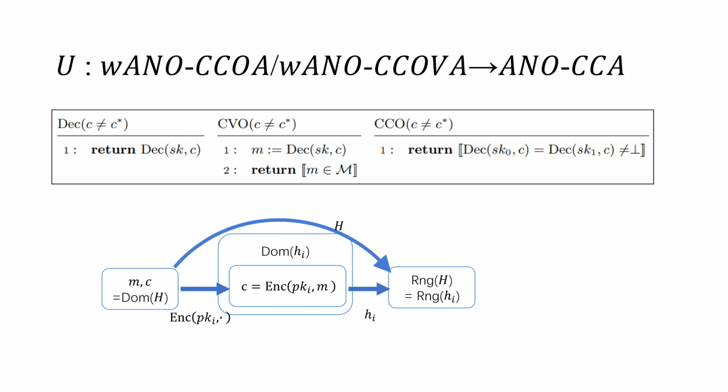Specifically, (M, C) is the input of H, and also C is the input of the internal oracle HM, where C is generated by PKE(M). And the output of H equals that of HM.